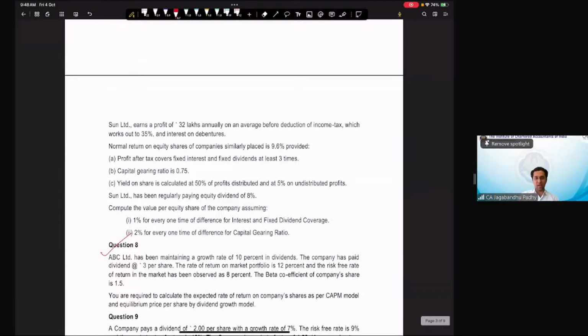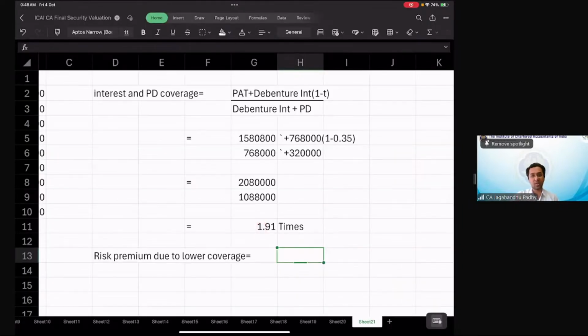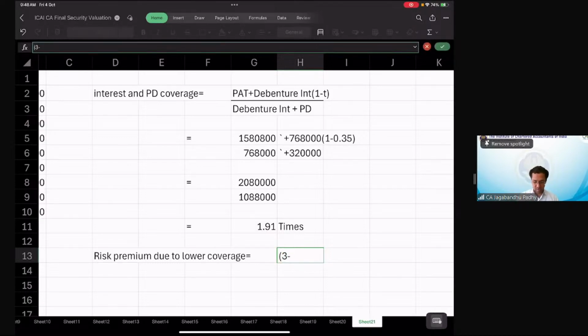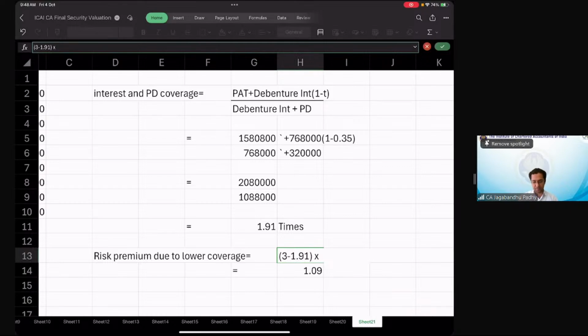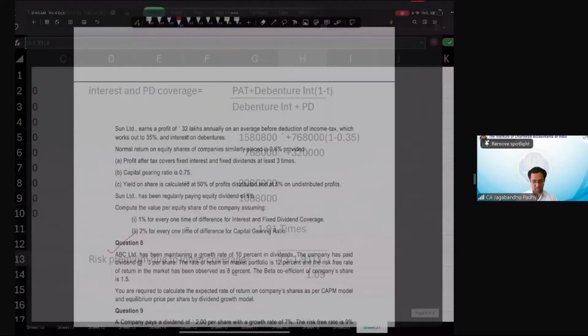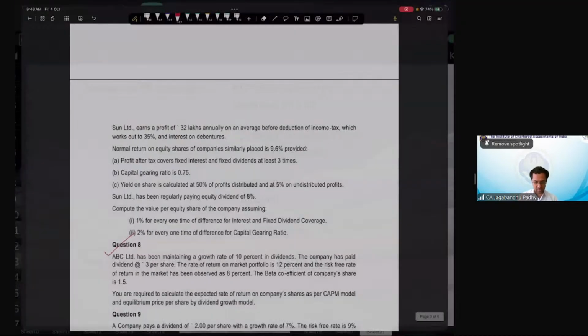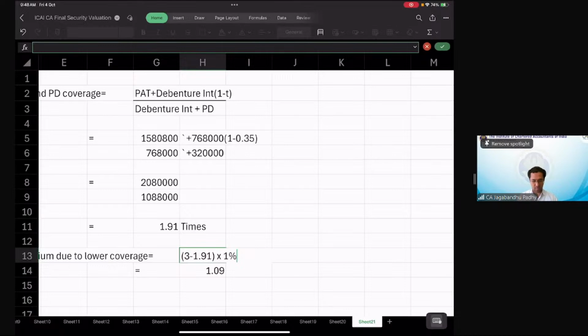So where are we falling short? 3 minus 1.91, but this needs to be multiplied with how much risk premium? 1% for every 1 time. So this into 1%. So how much will be the risk premium?